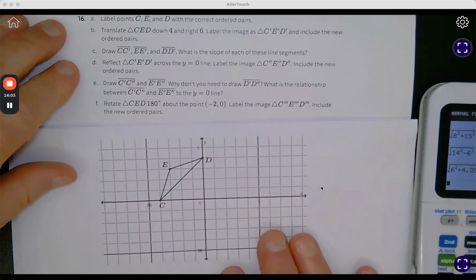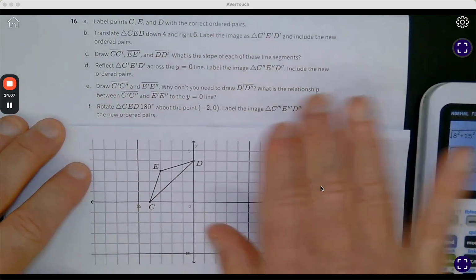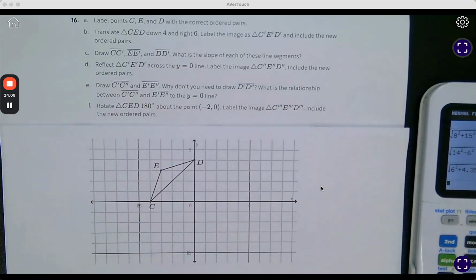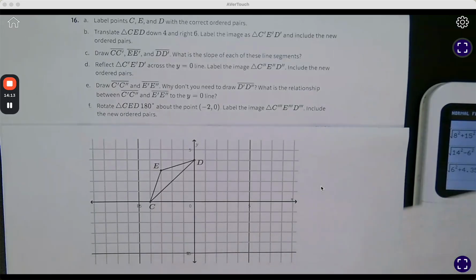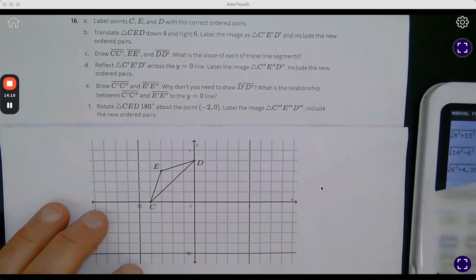Okay. All right, now I'm organized. Okay, let's do this. I think I'm going to need some paper. Someone get some. Okay, label points C, E, and D with the correct ordered pairs.